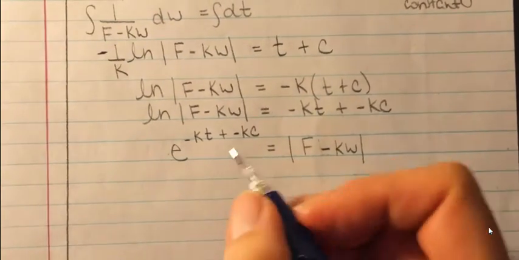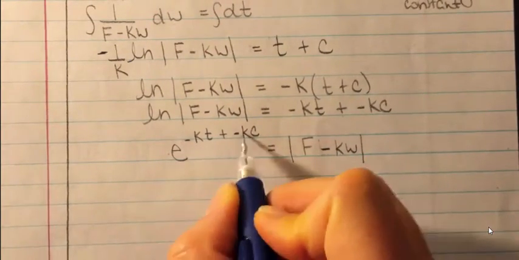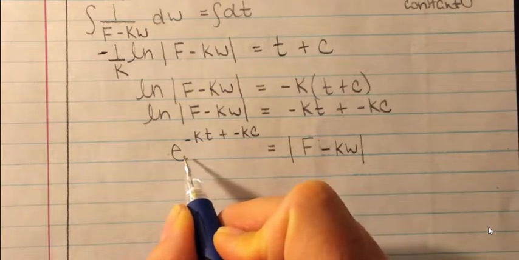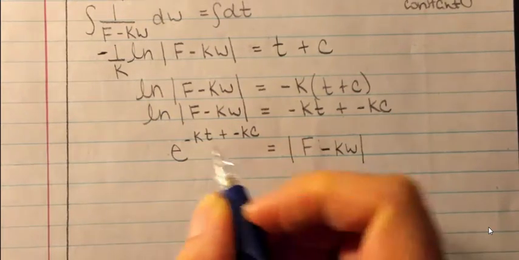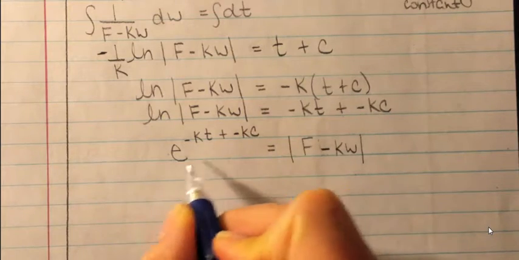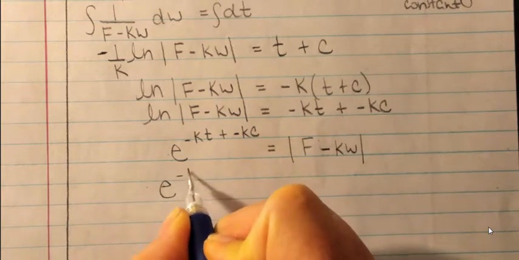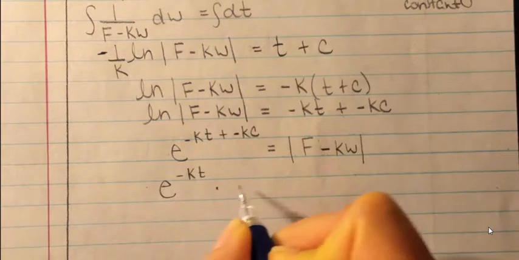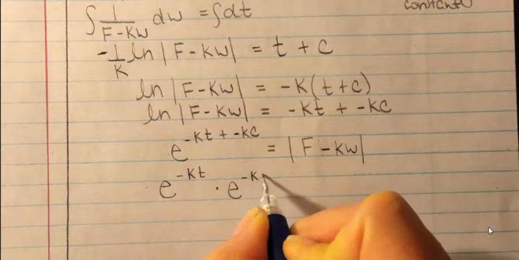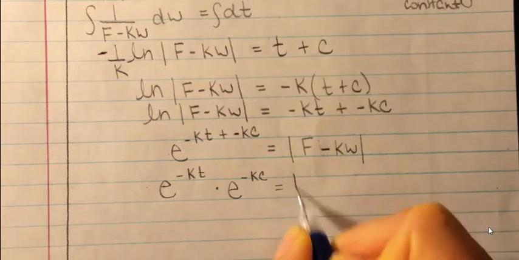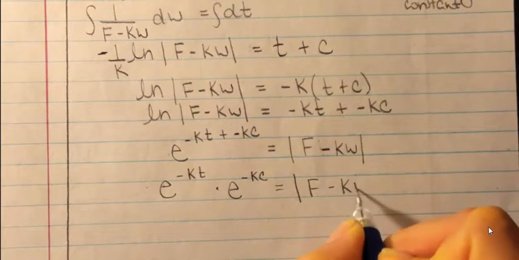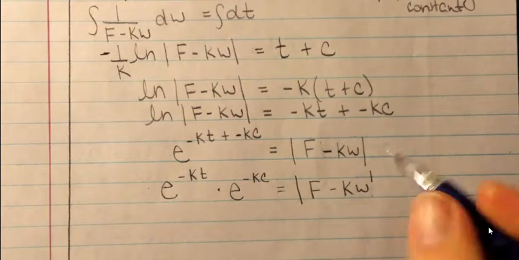And so what we have said in the past is that this can be rewritten as the product of two base e's, because whenever you multiply like bases, you add exponents. So this is really e to the negative kt times e to the negative kc equals the absolute value of f minus kw.